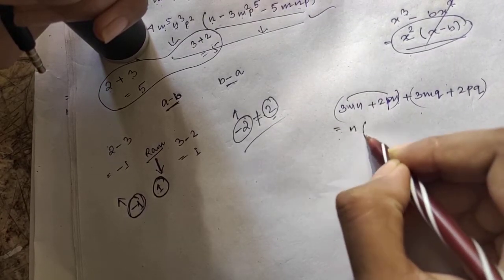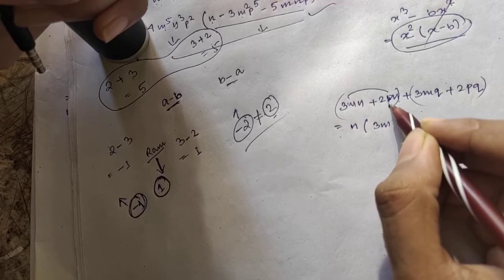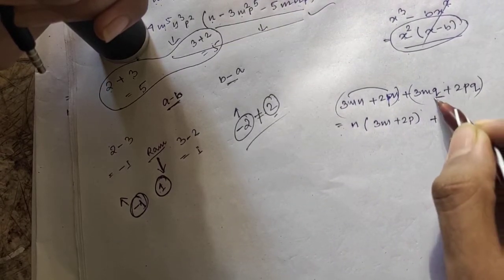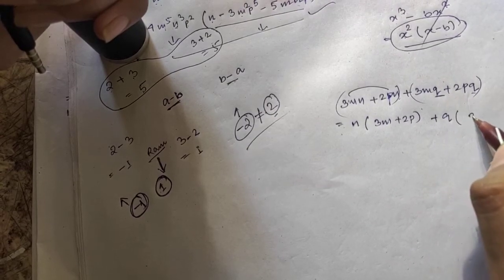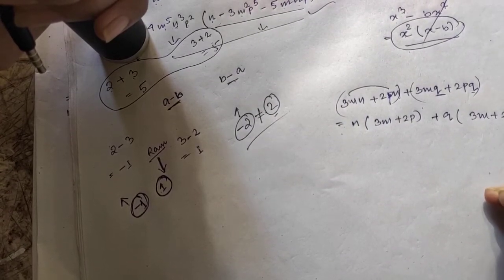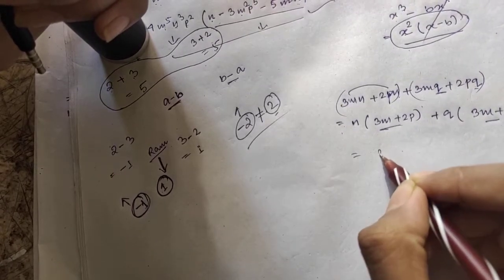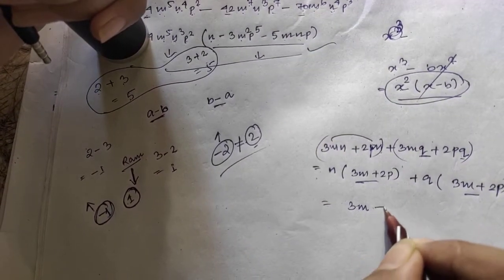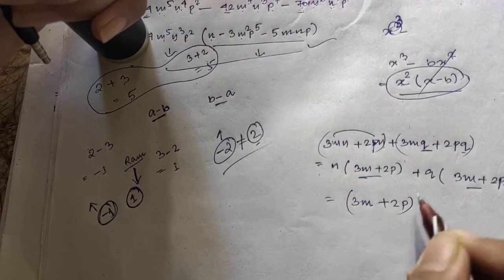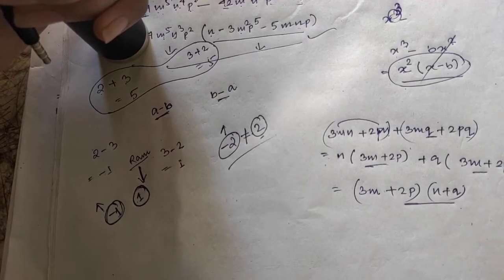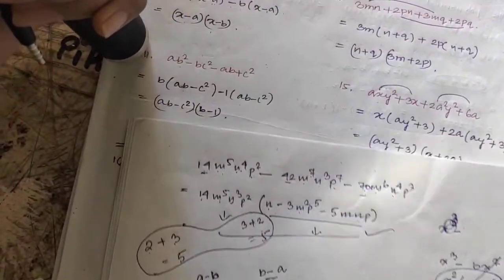N I have taken common, so I will get 3m plus 2p. In this case q is common, so q I have taken, 3m plus 2p. And plus q, that will be our answer.